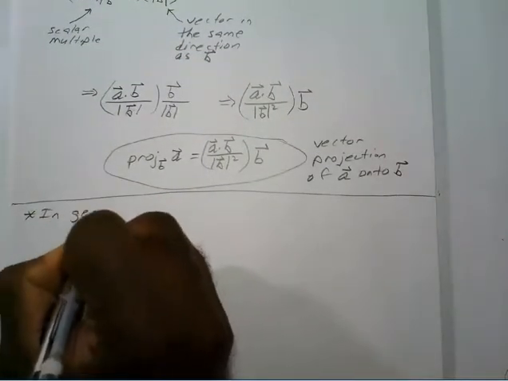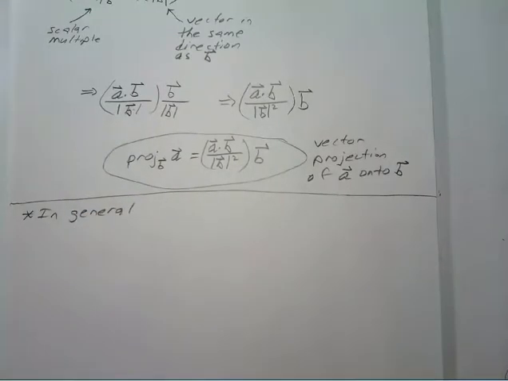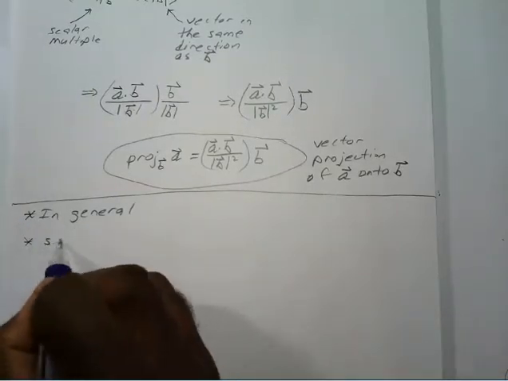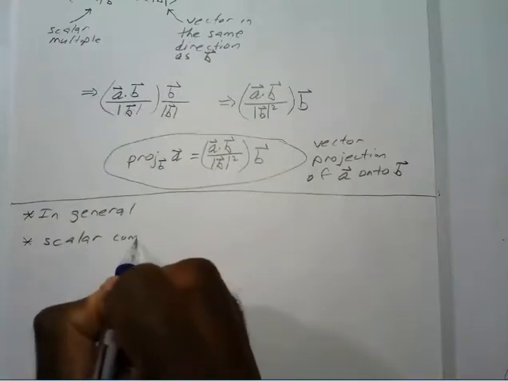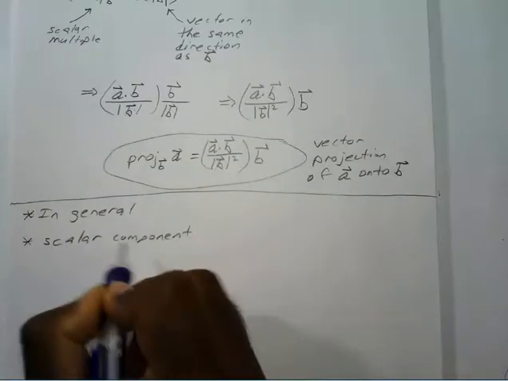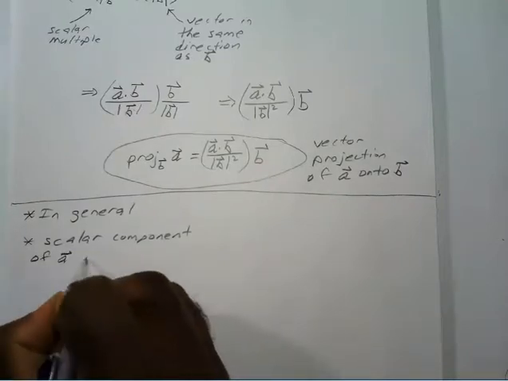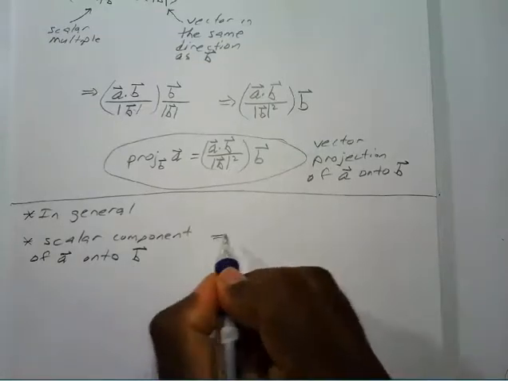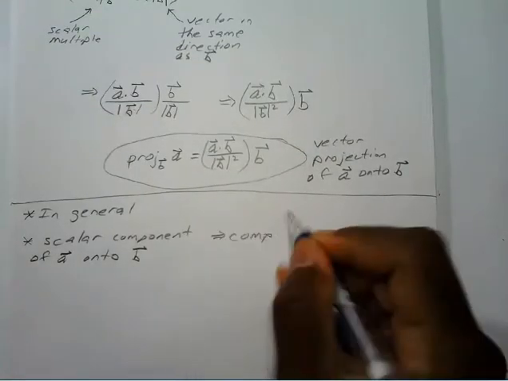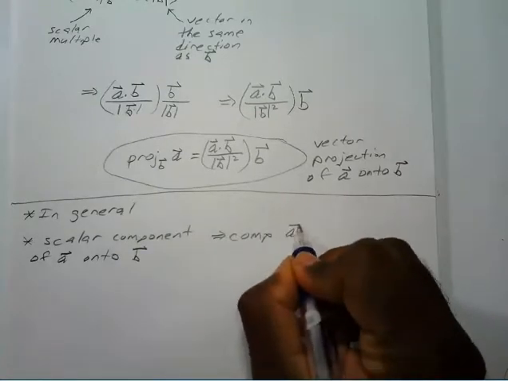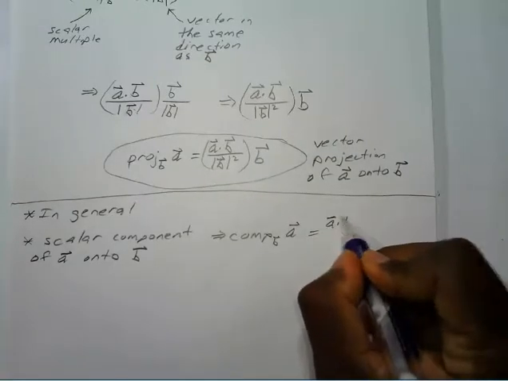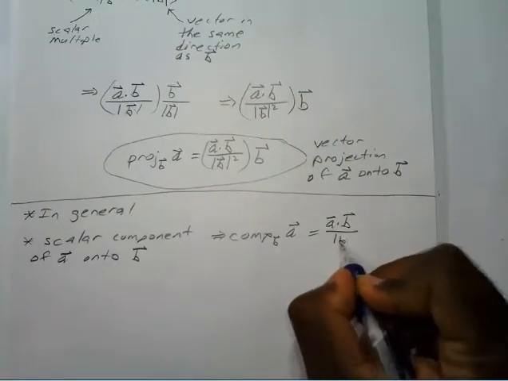In general, we have our scalar component of our A vector onto our B vector, which is the dot product of the A and B vector divided by the length of the B vector.